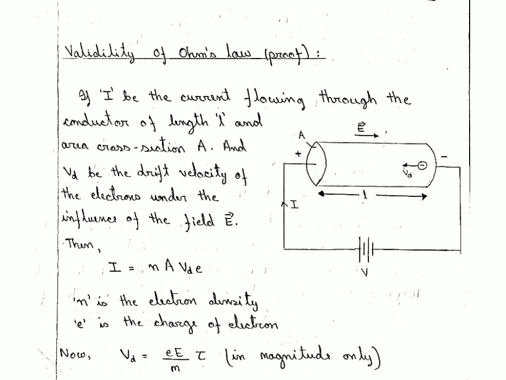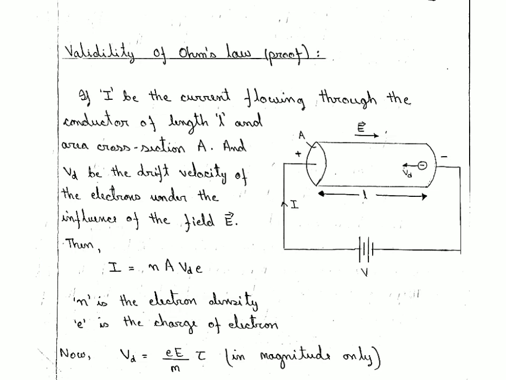And upon connecting to this potential difference V, the electrons inside the conductor get drifted with a drift velocity Vd, and the current will flow through the conductor, and the direction of flow of current is always from positive to negative. And here E is the electric field between the two ends of the conductor.